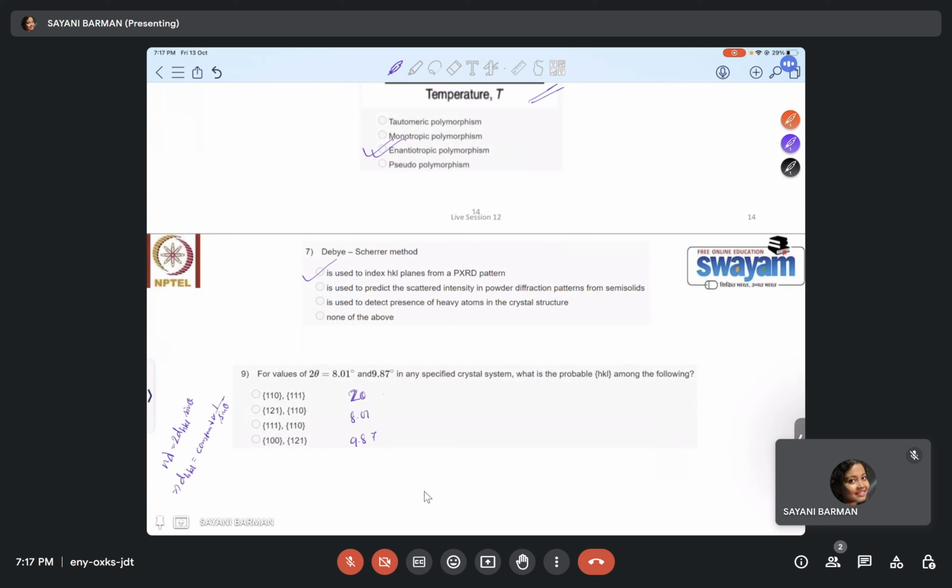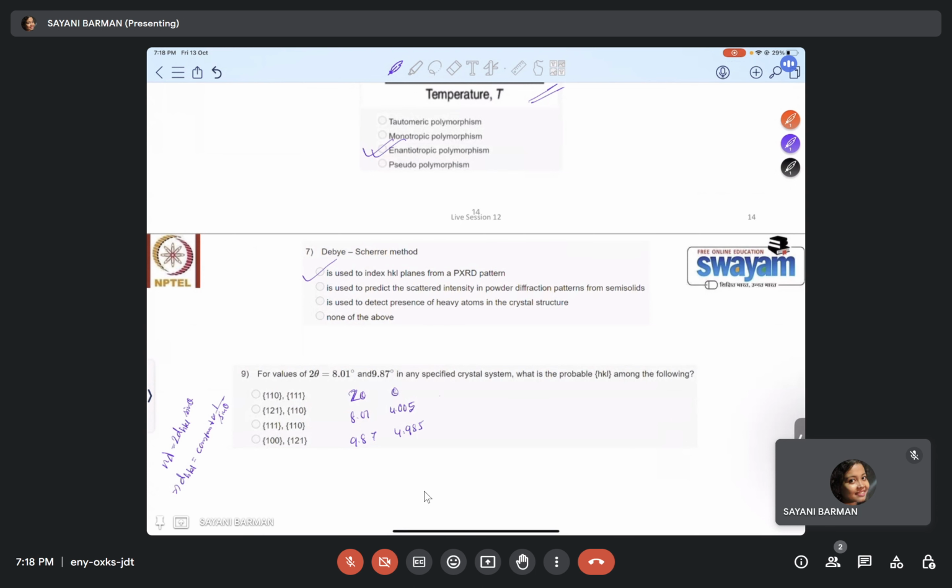Now the theta values would be, we just divide by 2: 4.005 and 4.935.